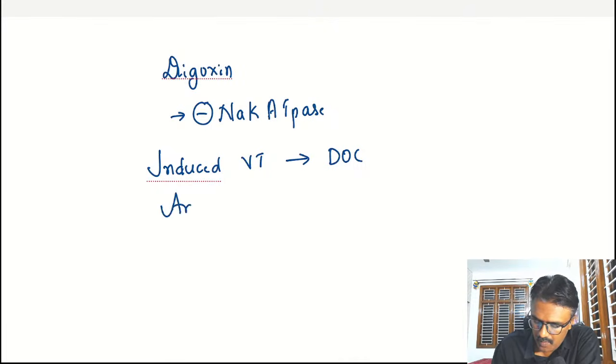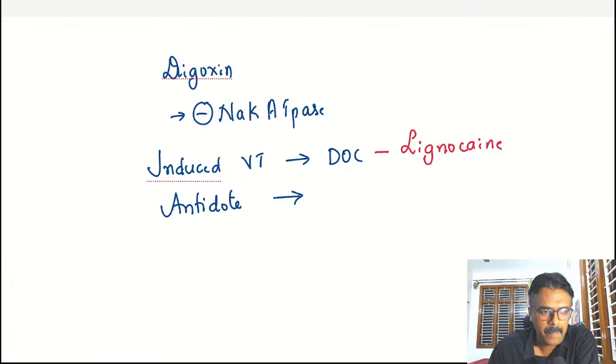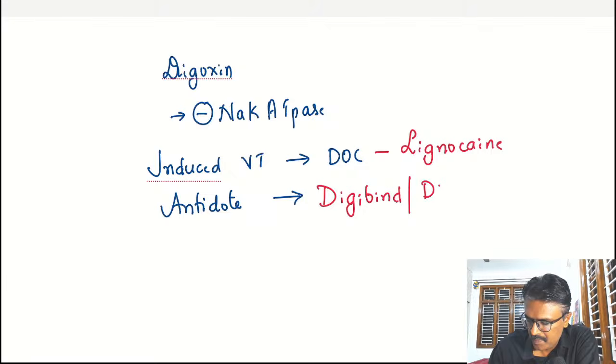What is the antidote for digoxin overdose? The answer is, for VT due to this, it is lignocaine. Lignocaine is also called by another name, lidocaine. Antidote name is digibind. It is also called as digifab.